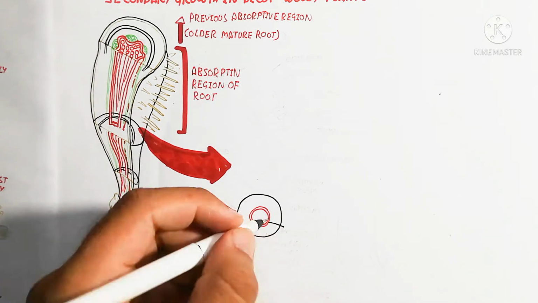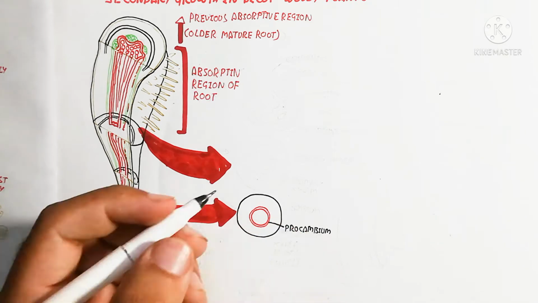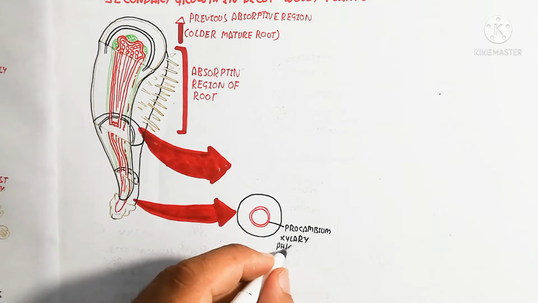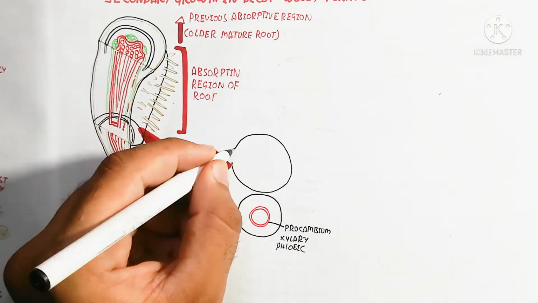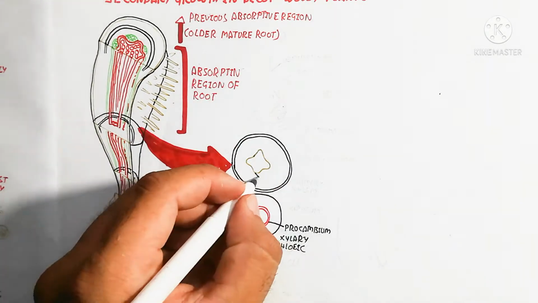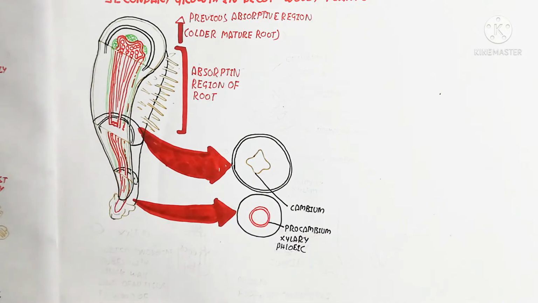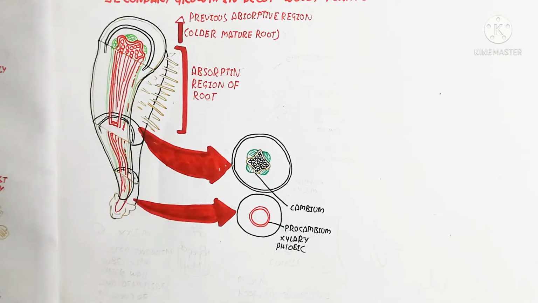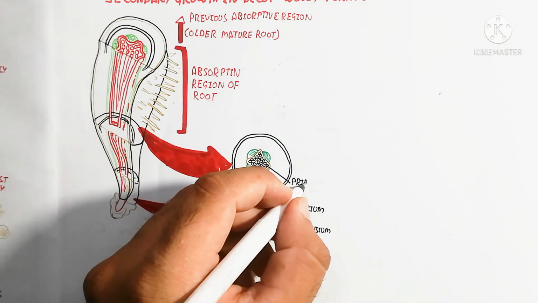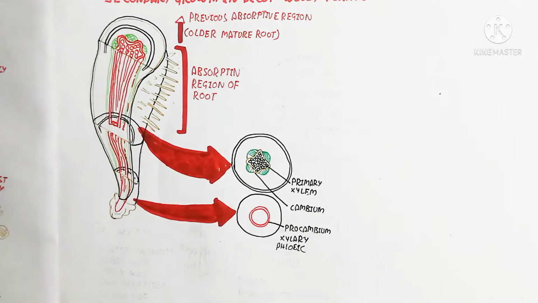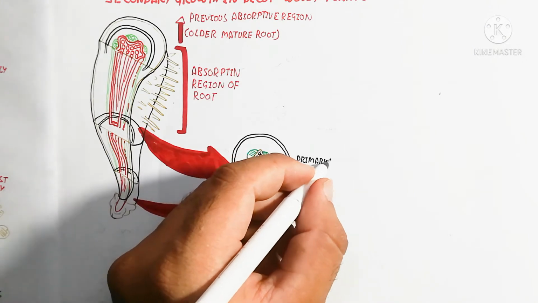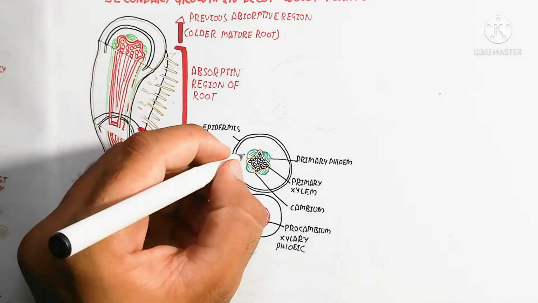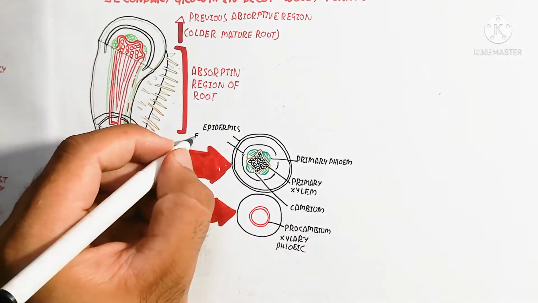procambium. Here is the procambium, xylem and phloem procambium, which develops the xylem and phloem. It is near the cap, and it changes through differentiation and proliferation into primary xylem and primary phloem, and the cambium is present here, in brown color, with the xylem inside and the primary phloem outside.